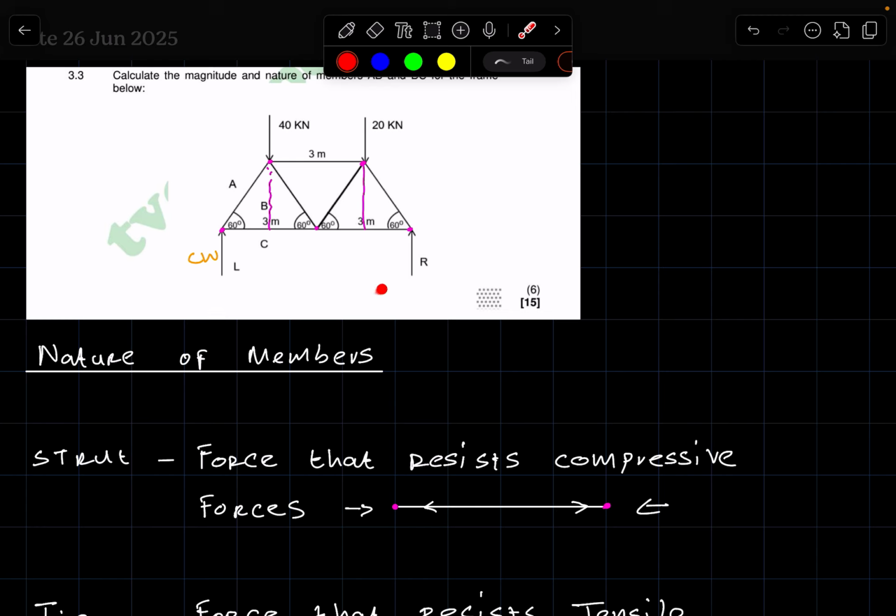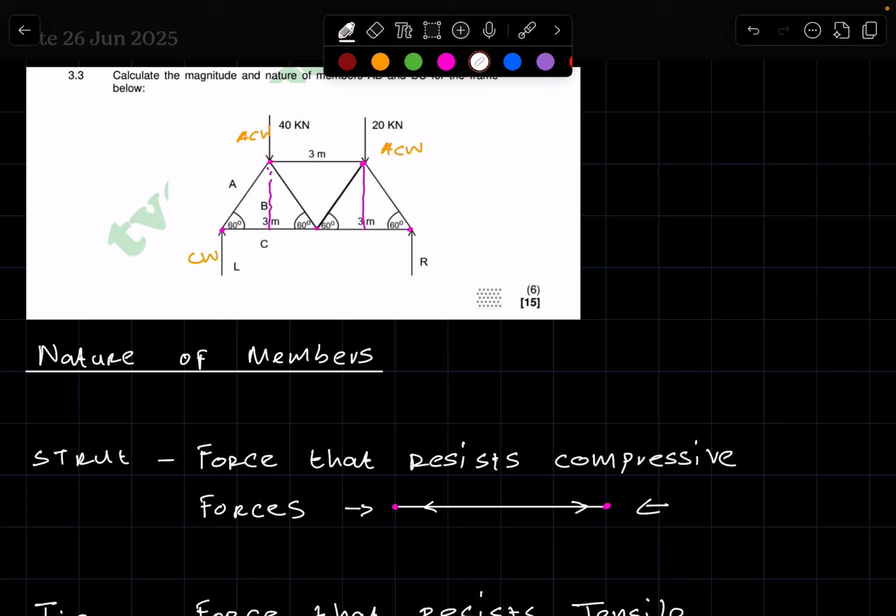The turning effect it has towards point R is anti-clockwise. Similarly with this one, the 20 kilonewtons also has an anti-clockwise turning effect towards R. So this one is anti-clockwise as well.